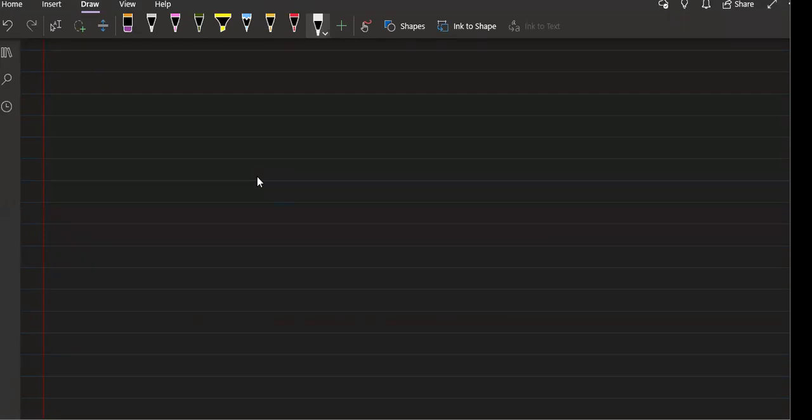So let's start with types of compounds. Now this is the basic terminology.